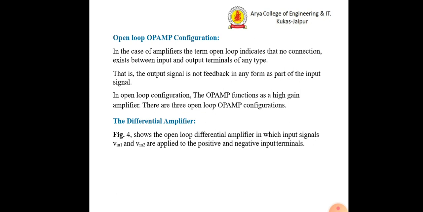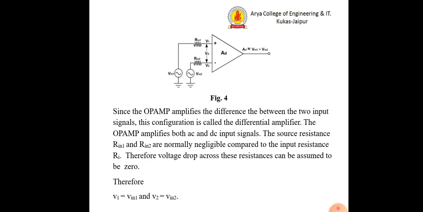The first one, already talked of in many of the lectures, is the differential amplifier. Here you can see two input signals, Vin1 and Vin2, are applied correspondingly to the non-inverting and inverting terminal of the op-amp, and the output is equal to AD times Vin1 minus Vin2.